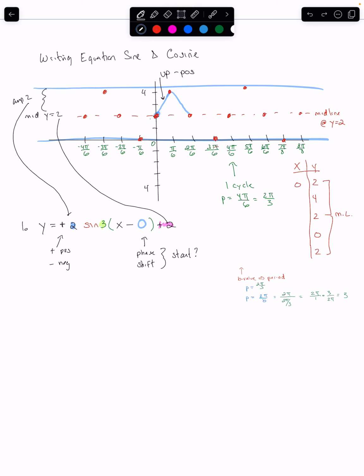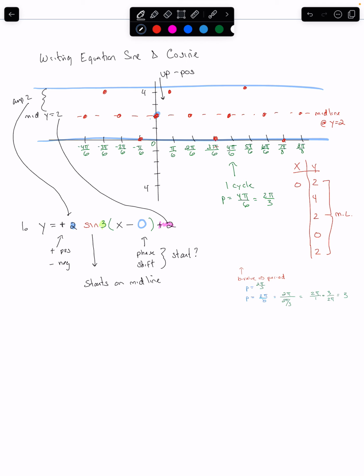Okay, so as I start drawing my graph, the first thing I did was go up in a positive direction, and I start on the midline. So sine starts on the midline. Right? Always. And the sign of the amplitude is from that first point you chose, your direction.